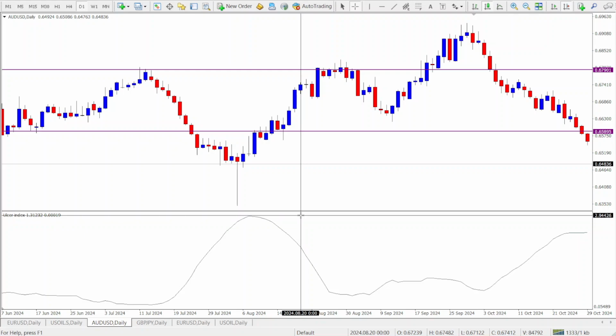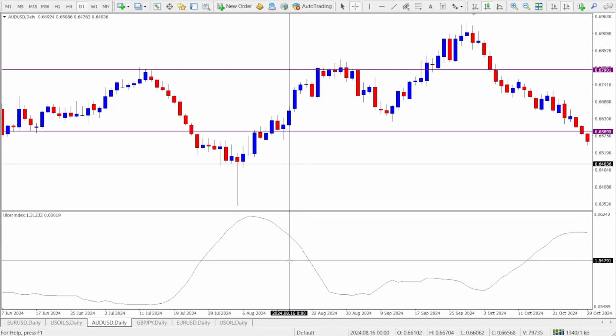Even as a day trader, you might not exactly find this indicator to be the best, because there are better indicators to use for day trading strategies.